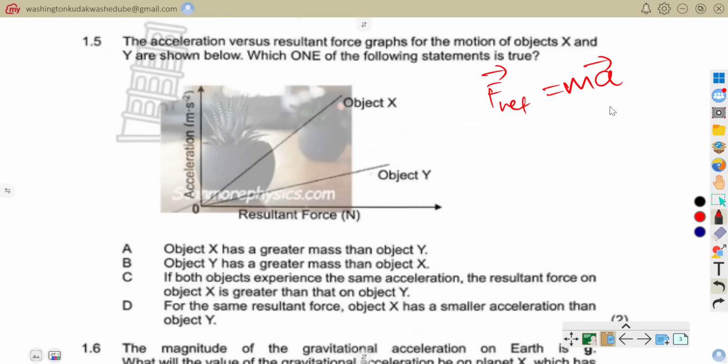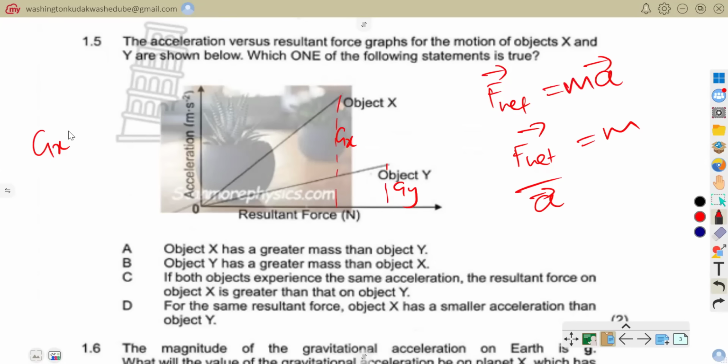So F net is equal to ma, meaning from this graph, we've got acceleration and net force. So our mass can be given by net force over acceleration. So using this graph, we are going to have a gradient for these two graphs, the gradient for X and the gradient for Y.